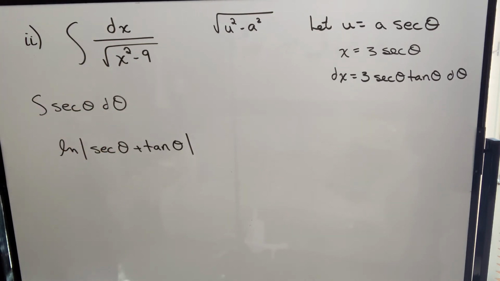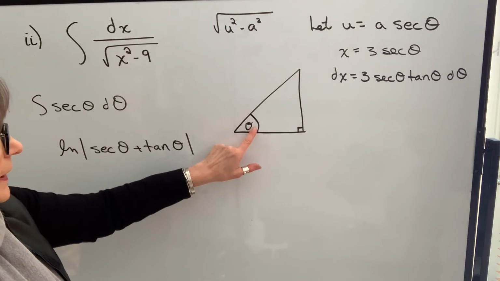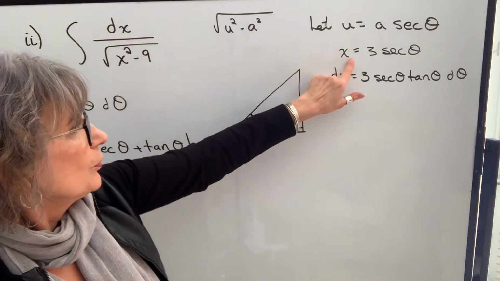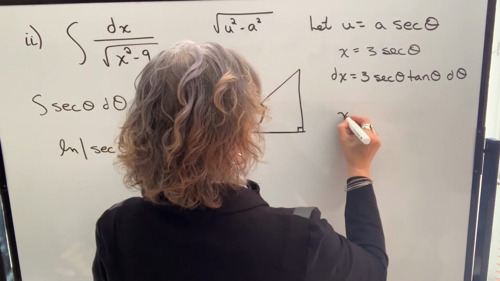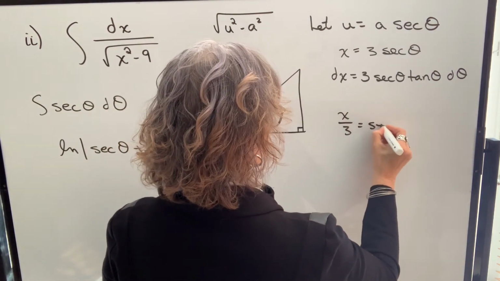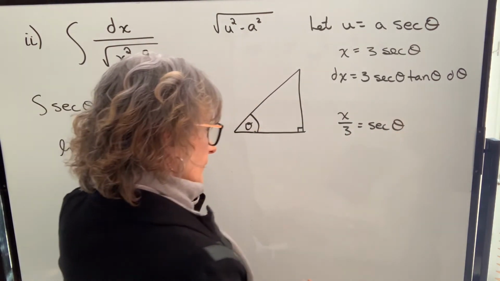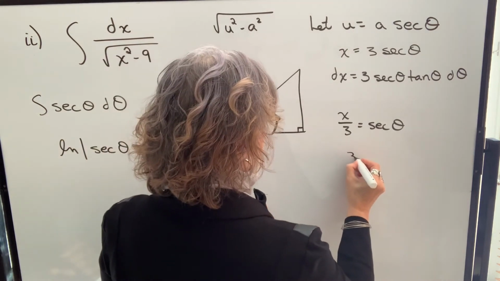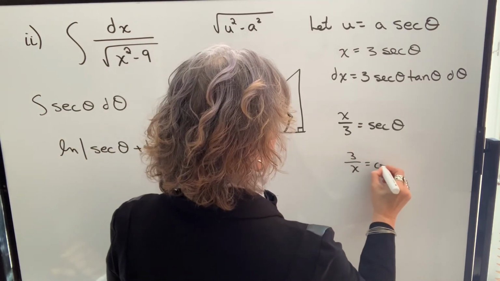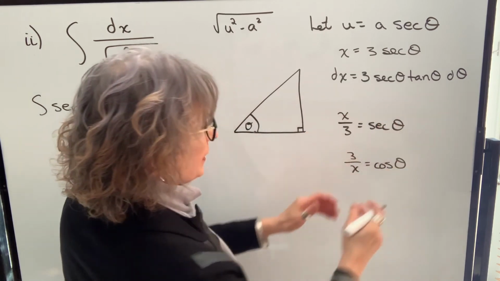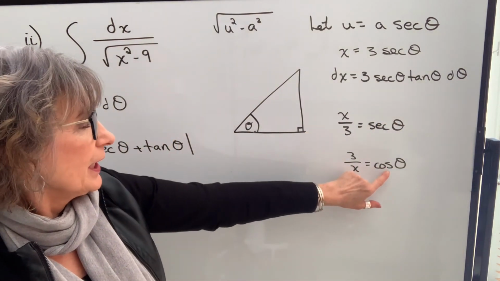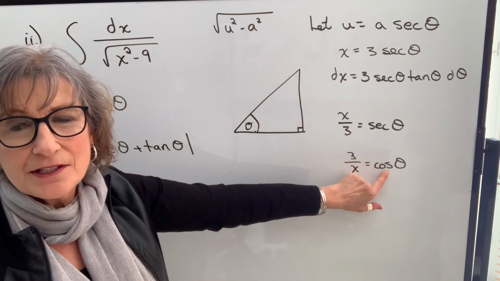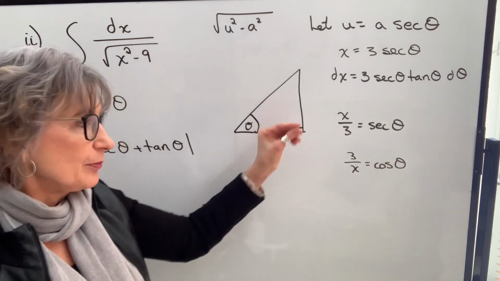So let's set up our right triangle. Here's theta. We know that x will equal 3 times secant theta. So x over 3 will equal secant theta, which also means that 3 over x is equal to cosine theta. So you can think of it either way. In either case, if we look at it as cosine, cosine is defined as the ratio of adjacent to hypotenuse.